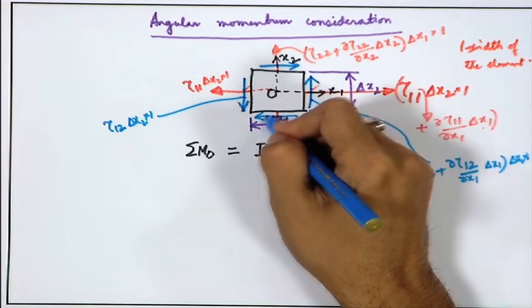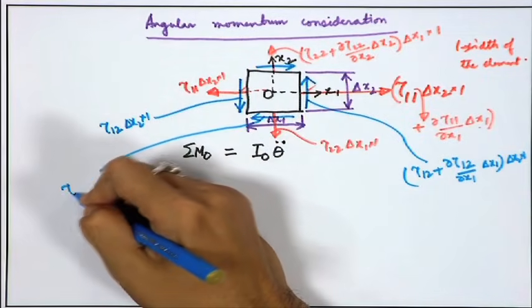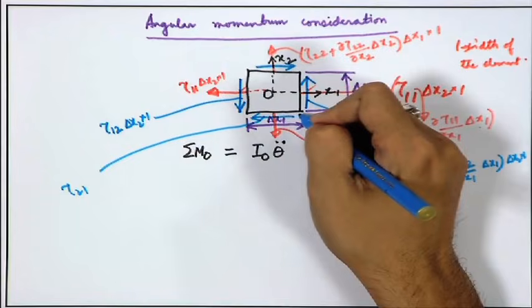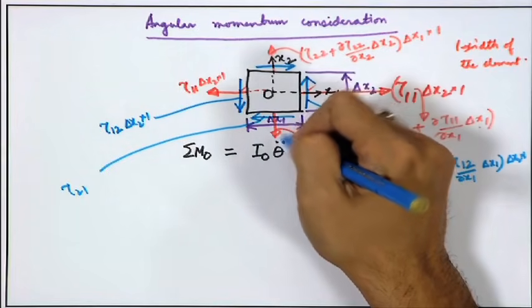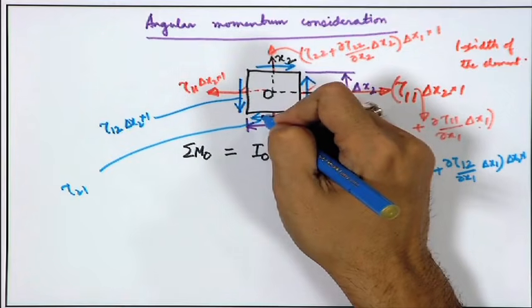What is this? This is tau 21. Why it is tau 21? Because its normal direction is 2 minus 2 actually, and force acting along 1.